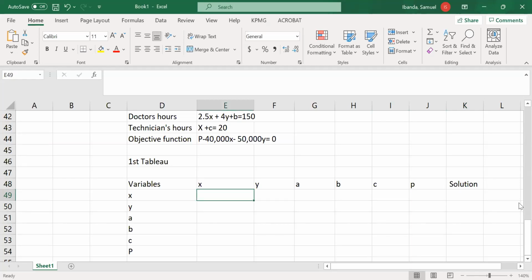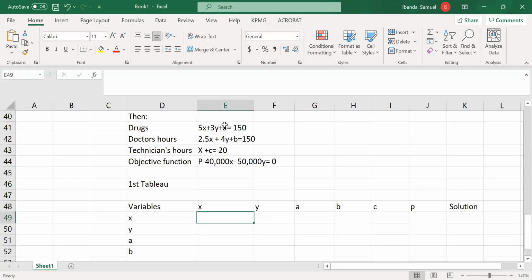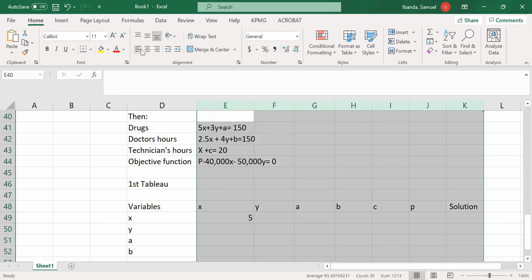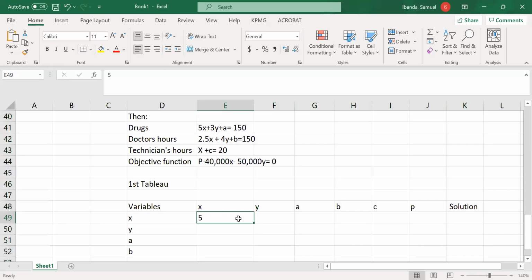So let's just try to distribute this in. So we have the first equation. Under X, we have 5. I'm just trying to put this here, okay?